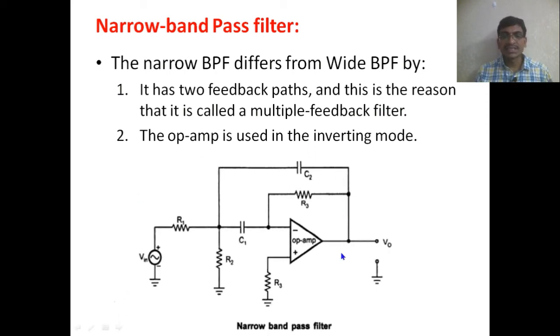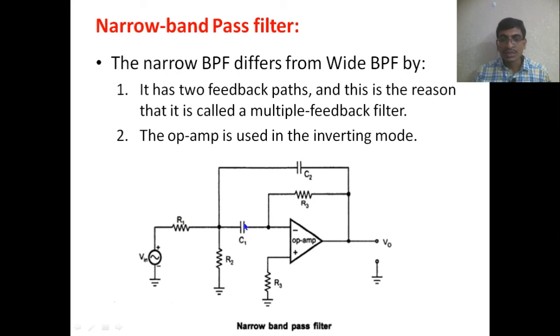So this is the circuit for the narrow band pass filter. Vin is the input voltage and V0 is the output voltage. For this op amp amplifier, R3 is the compensation resistor and also the feedback resistor from the output to the input, and one more feedback has been formed by the capacitor C2 from the output to the node here.